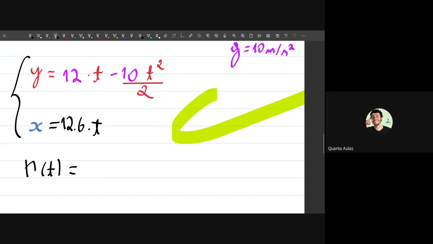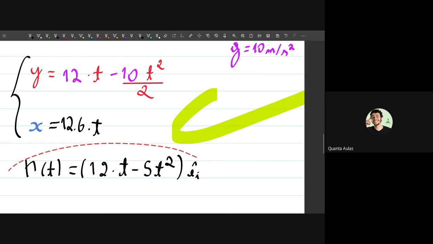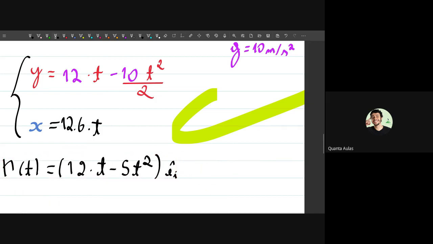For example, your teacher puts this, but I put it wrong. Sorry. Minus 10 divided by 2, 10 over 2 is 5, okay? So I will put 5 here. Amazing. And here, I will put this here. The other equation.